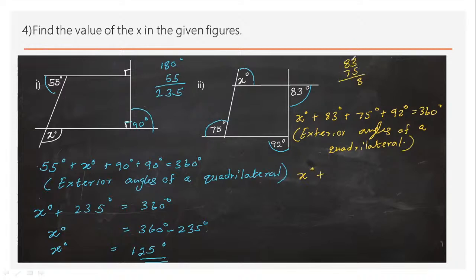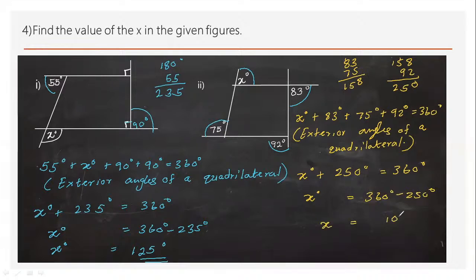5 and 3, 8. 1 remainder. 9 and 7, 15. 158 plus then 92. 8 and 2, 10. 1 remainder. 6 and 9, 15. 1 remainder. 250 equals 360. x equals 360 minus 250. x equals 0, 6 subtract 5, 1, 3 subtract 2, 110. x equals 110.